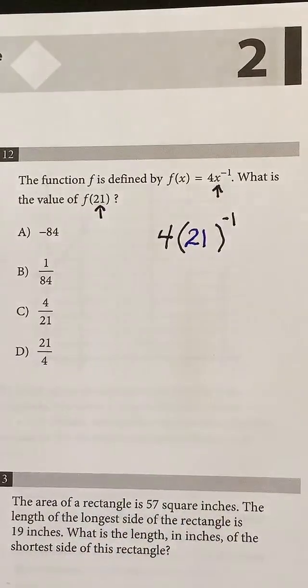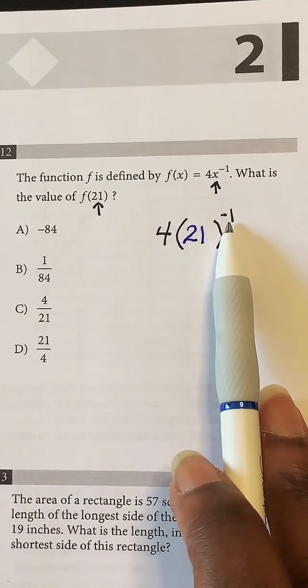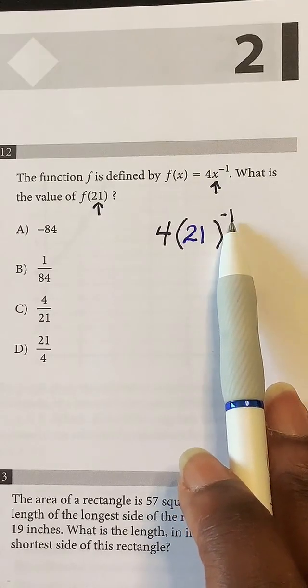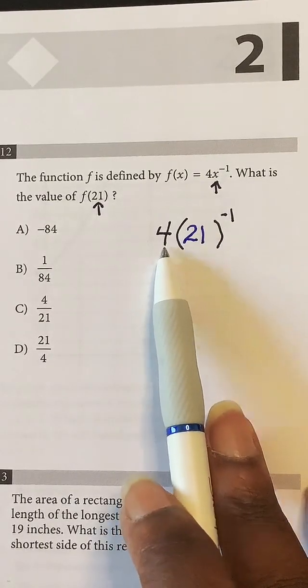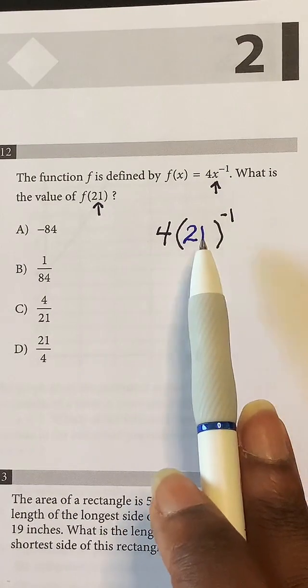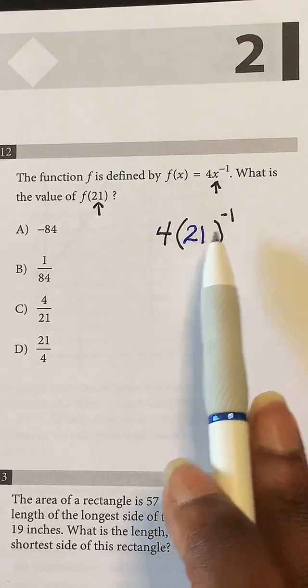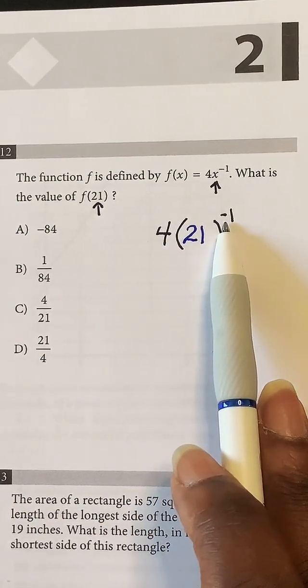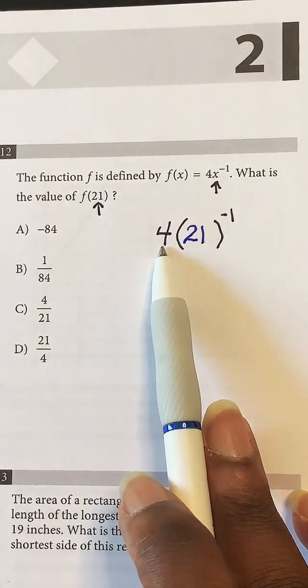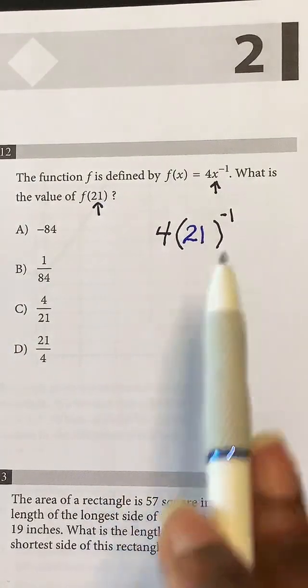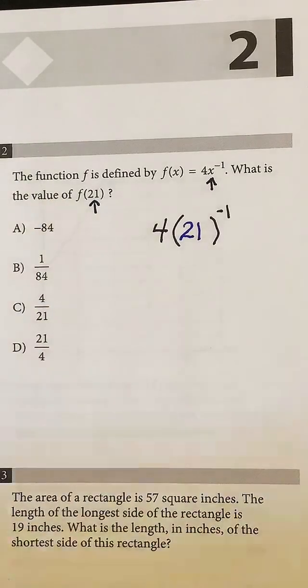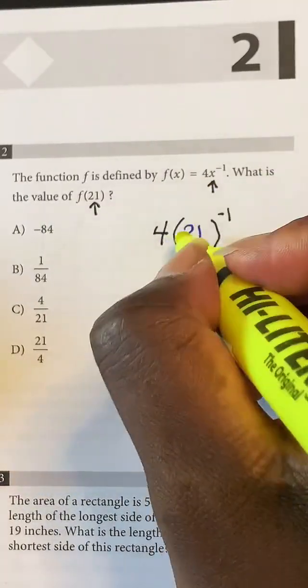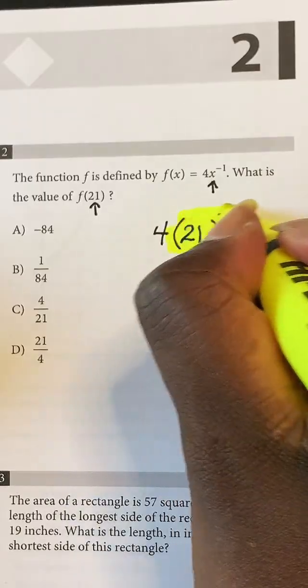Okay? So the -1 is raising not the 4 and the 21. It's just raising 21 to the negative first power. Okay? This 4 is going to stay right where it is. So what's actually happening anytime you have a negative exponent?